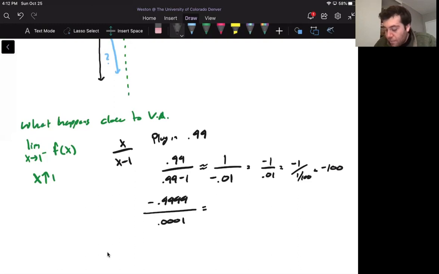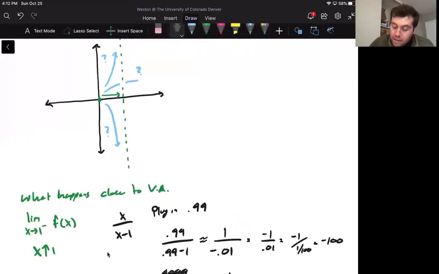And we actually end up with approximately negative 10,000. We're getting these really large values out of it when we're just plugging in things close to 1.